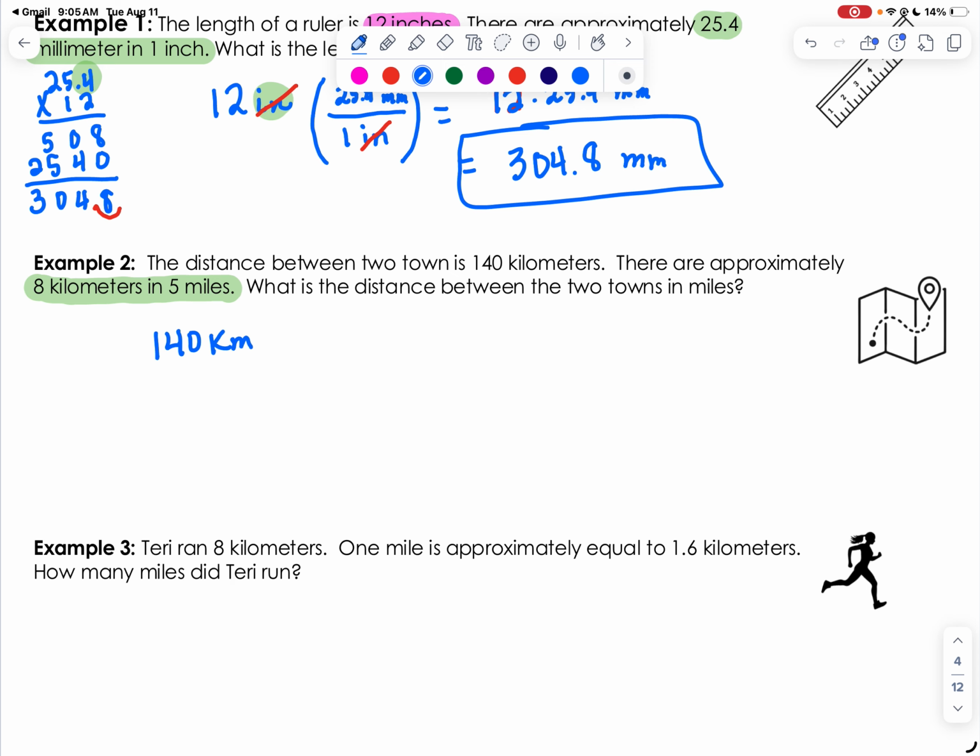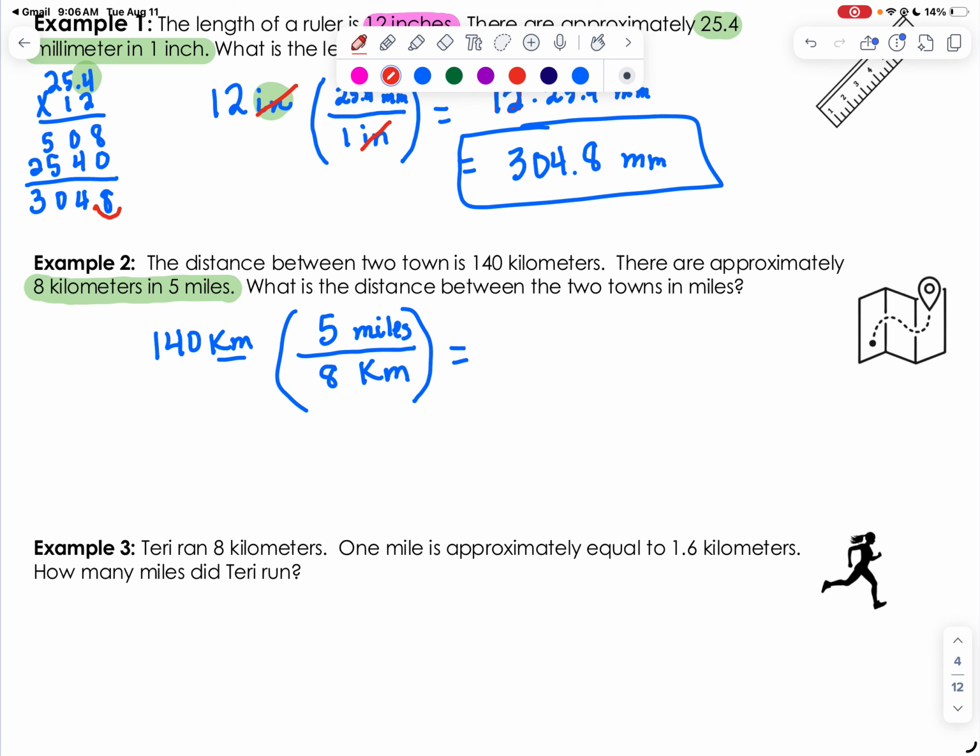And it's important that you put the units because that's the only way you're going to know what goes in the numerator and what goes in the denominator. So because my units are kilometers, in my rate that I'm going to multiply by, I must put the kilometers in the denominator and I'll put the miles in the numerator. All right.